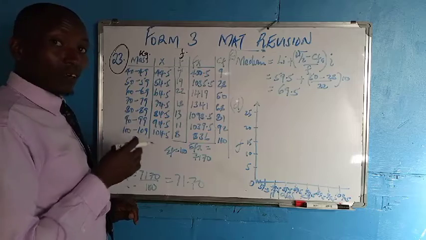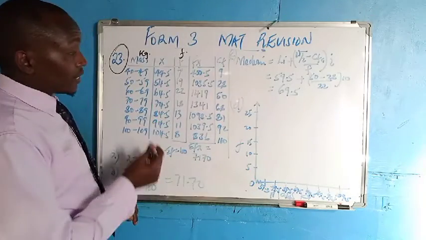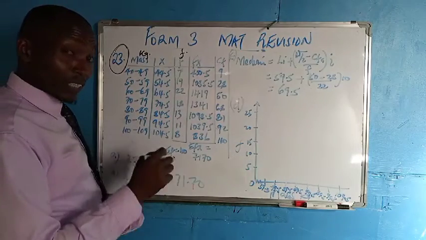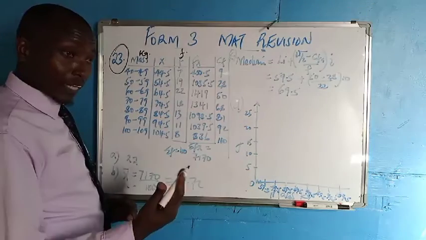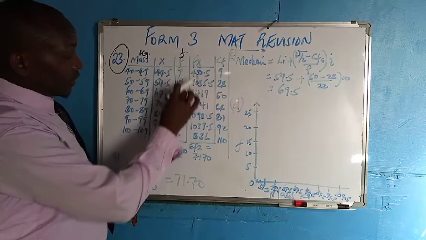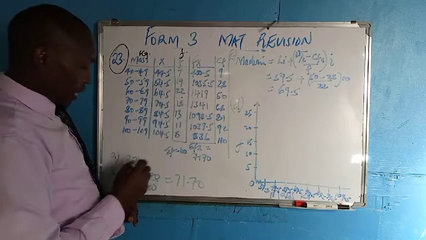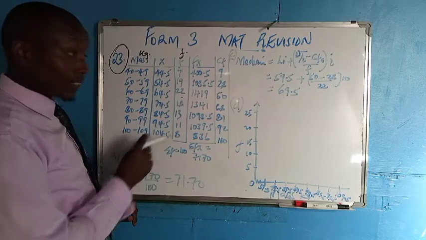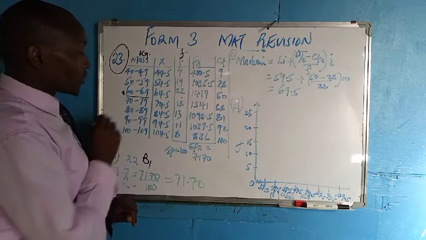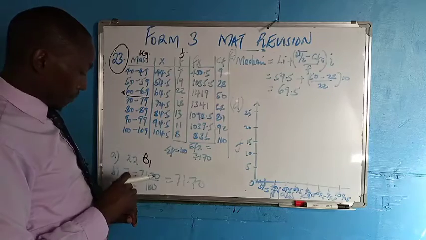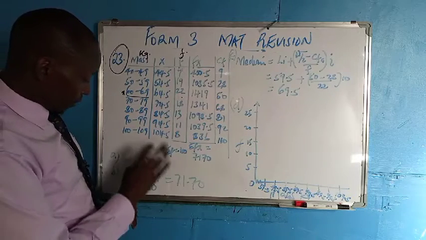That is the highest occurring frequency. Just that. Remember, they're talking about the modal frequency, not the modal class. Get that clearly. So you consider the frequencies, the highest is 22, and you write it down. If they ask for the modal class, you will select 60 to 69. But that is a free mark, the first one.